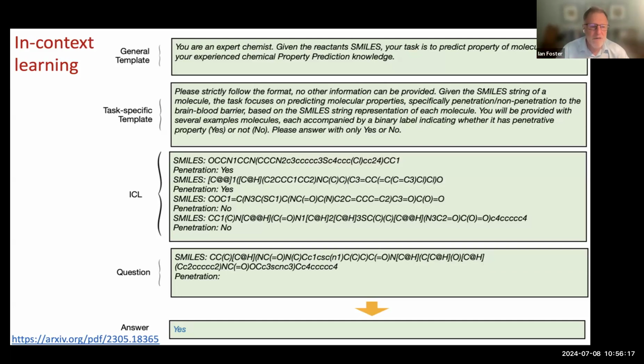But people have done much more exhaustive studies of these sorts of things, as noted, for example, in this paper referenced at the bottom left, and find that you can teach a large language model a great deal simply by providing it examples in this way, which in a sense is an emergent property. This was not expected when people trained GPT-3 and GPT-4, but it turns out that it's able to do this.